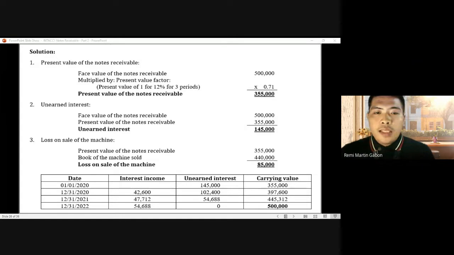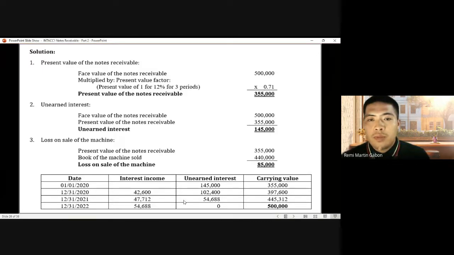Then to analyze our amortization schedule, unearned interest will be posted here initially, then the carrying value as the present value. Now guys, analyze natin ng konti. Suppose that the present value is 355,000 and the difference of the present value and the face value is referred to as the unearned interest, which is the 145,000.